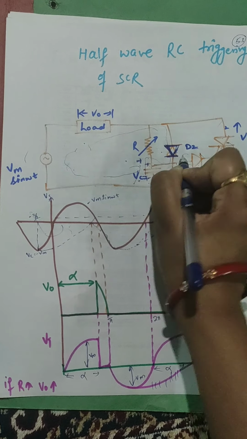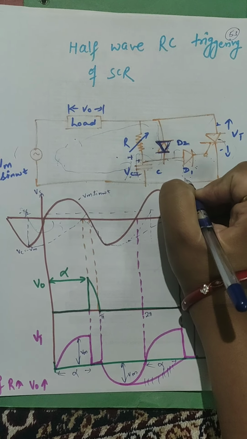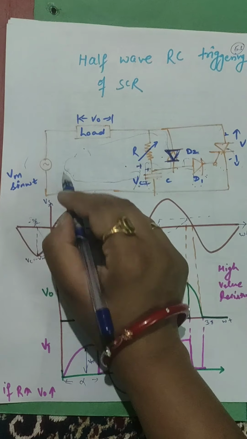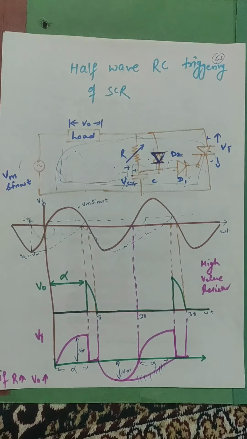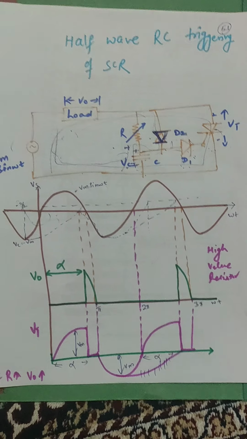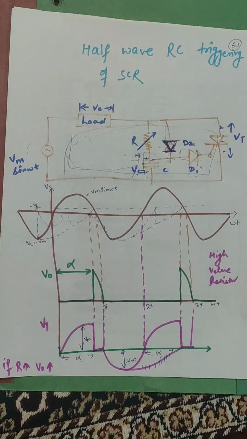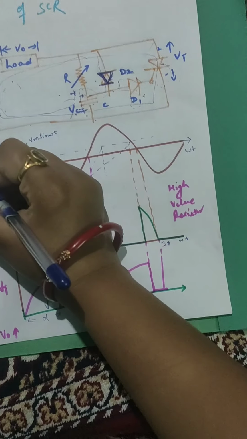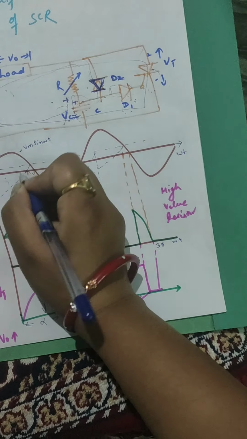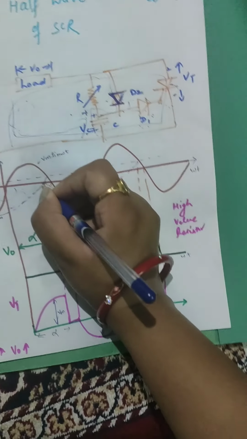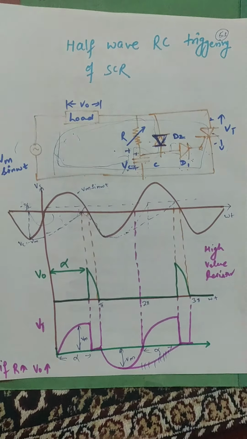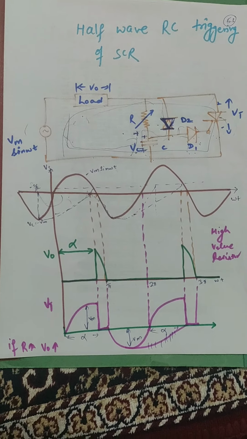D2 will be reverse biased, D1 will be forward biased, the thyristor is on, and we are able to get the voltage like this. So this is the input AC supply voltage, and this dotted line is the charging and discharging of the capacitor, VC.